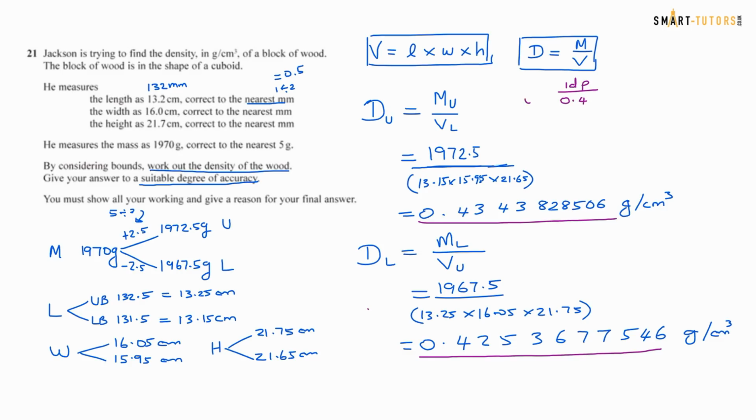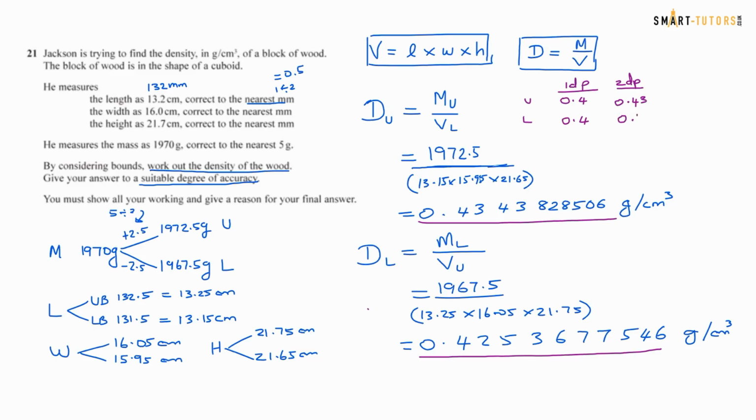So now is the decision making. What is the answer? The upper bound is this and the lower bound is this. If I approximate the answer to one decimal place, the upper is 0.4 and the lower is also 0.4.